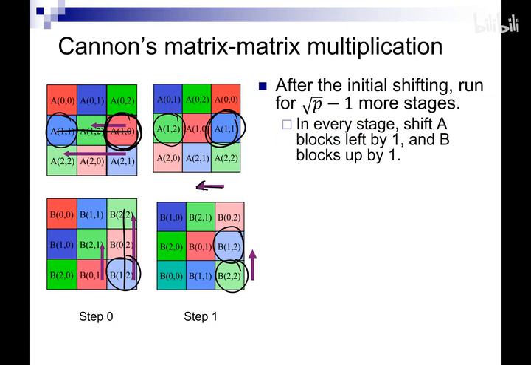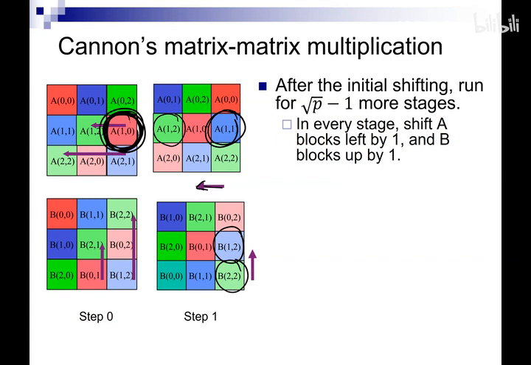Each time it gets new blocks, the colors are going to match, so it multiplies those blocks and adds the result to the running sum. In the end, it multiplies the red blocks, the blue ones, and the green ones, adds them together, and that produces this part of the output.